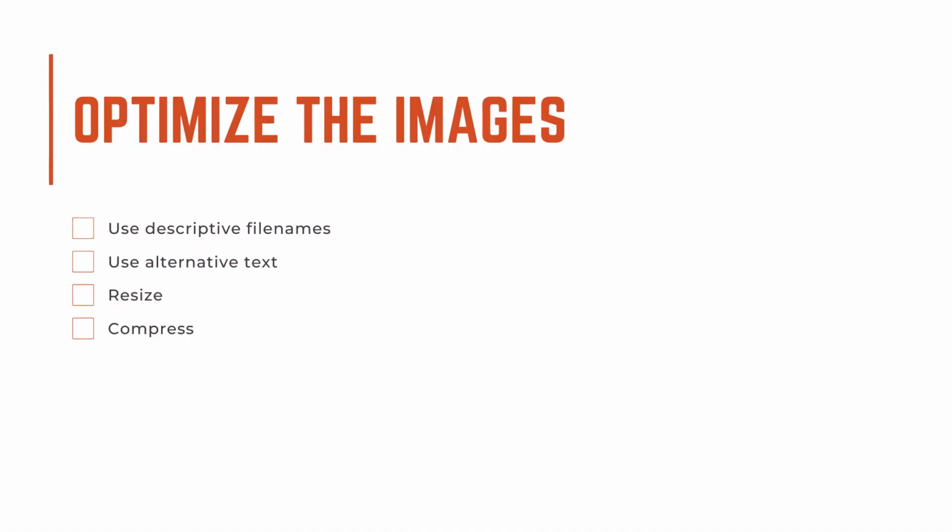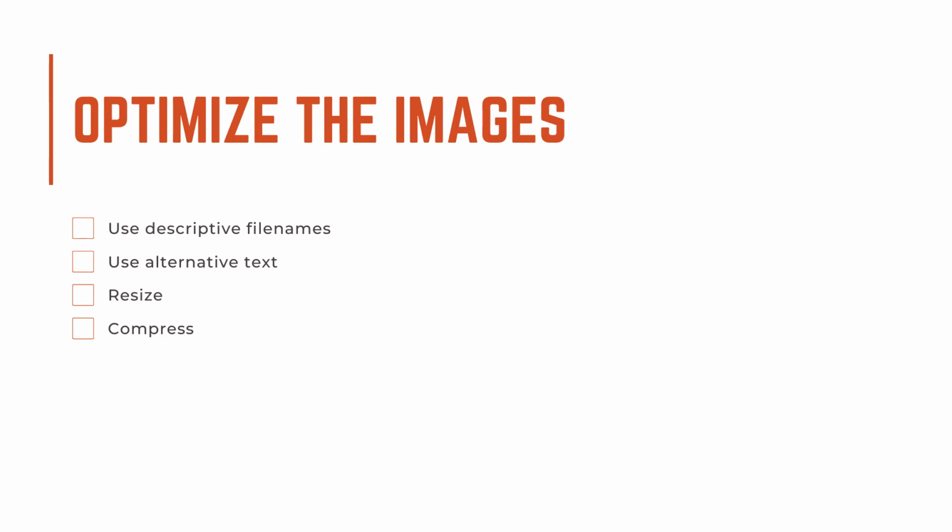All right, so the next thing we're going to look at is optimizing images. So when you optimize your images, this is helpful not just for search engine results, but also for management of your media. Some things I like to do for my images.